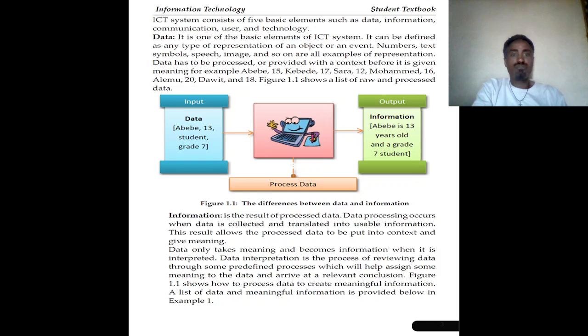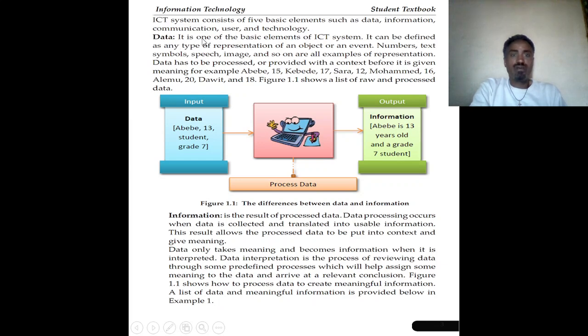When we read a particular textbook, our body organs like the heart, blood vessels, and lungs are working together. Like other systems, an ICT system also has components working together: data, information, communication, user, and technology. Let us see one by one.